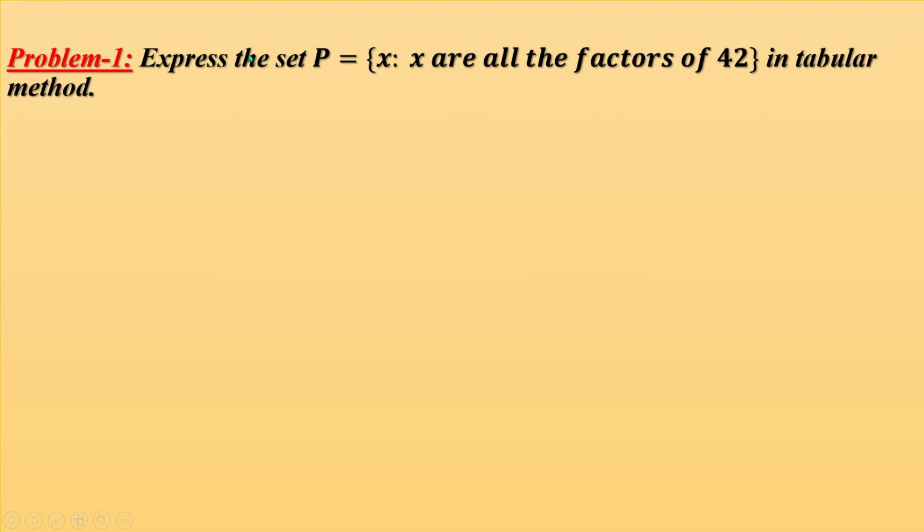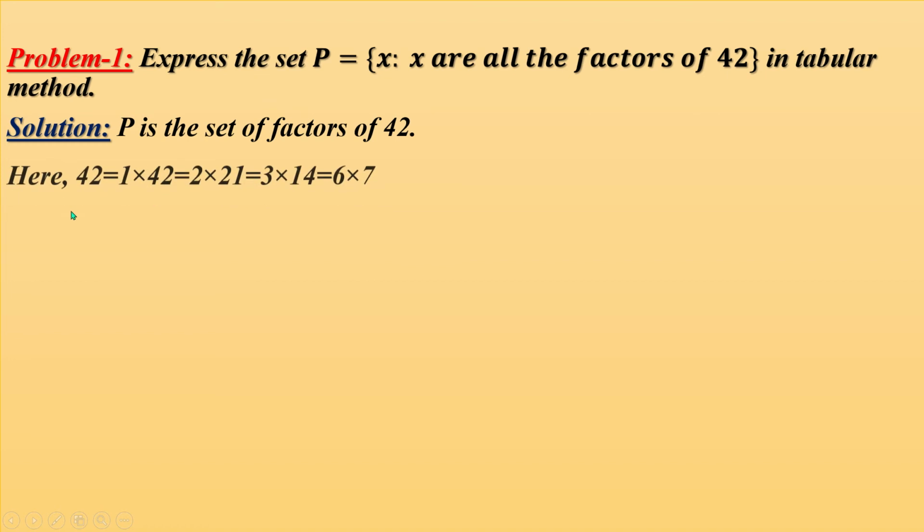Problem 1. Express the set P = {x such that x are all the factors of 42} in tabular method. Here it is given in set builder method, but we have to express it in tabular method. Solution: P is the set of factors of 42. Here 42 = 1 × 42, = 2 × 21, = 3 × 14, = 6 × 7.